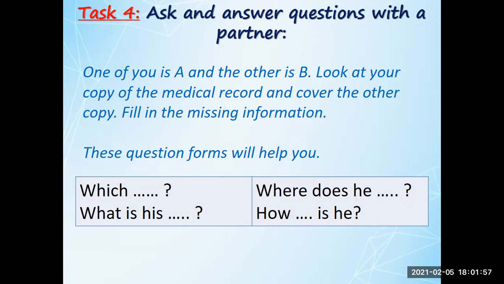Now, ask and answer the questions with your partner. One of you is A and the other is B. Look at your copy of the medical record, and cover your other copy. Fill in the missing information. The question form will help you.